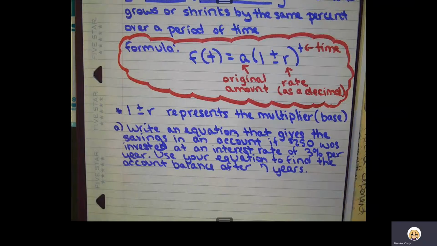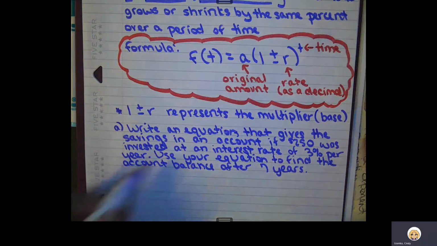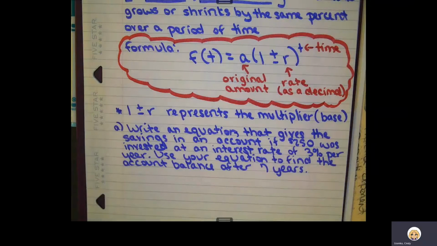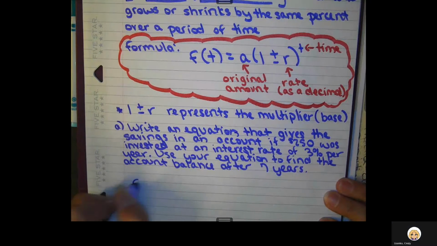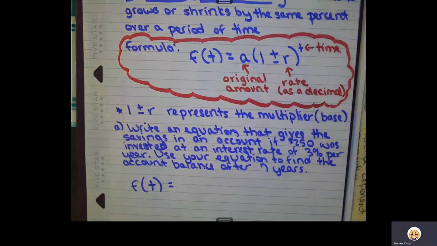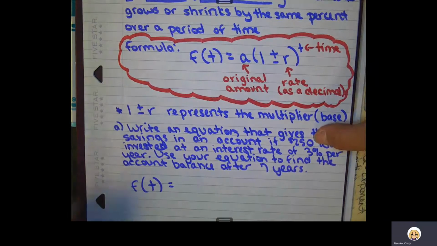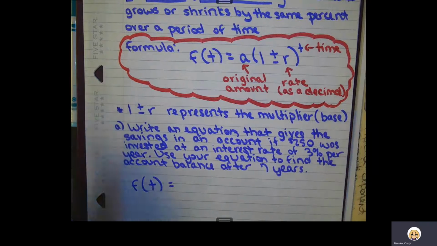So we're going to write an equation based on this formula describing this situation, and then we're going to use that equation to find our answer using 7 years. So our function is going to start with f of t equals. Again, we're talking about a savings account. We have 250 that was invested at 3% per year.